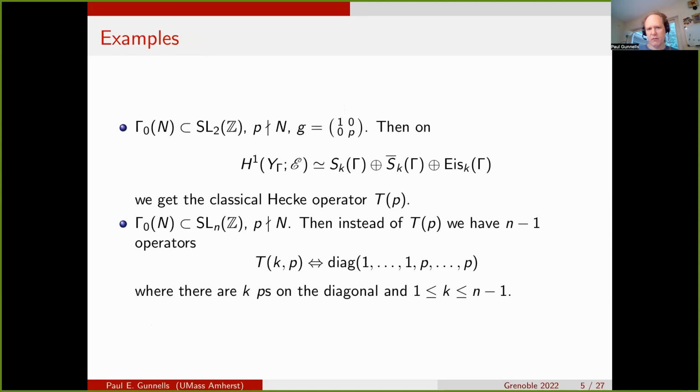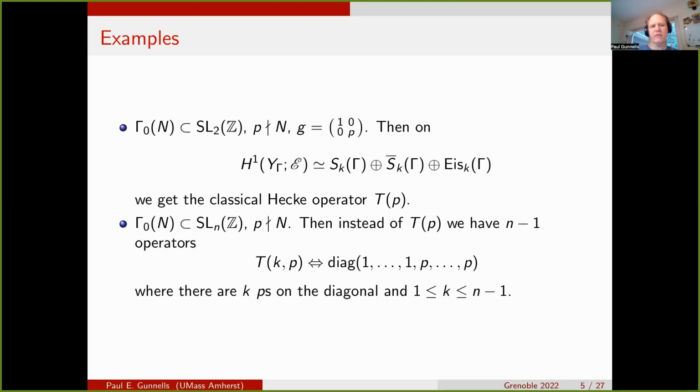If I construct gamma prime, as I said before, that will be finite index in SL2Z, and so will also be in the conjugate. And then we know from previous discussions that this H1 of the locally symmetric space has something to do with modular forms. And in this case, we're actually just getting the classical Hecke operator T_p on the space of modular forms.